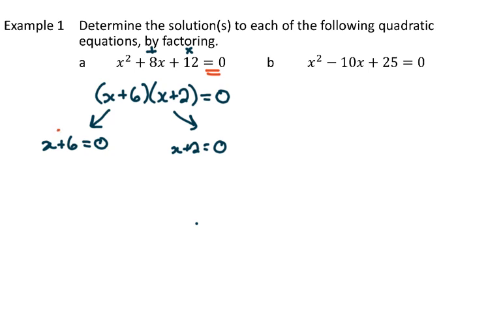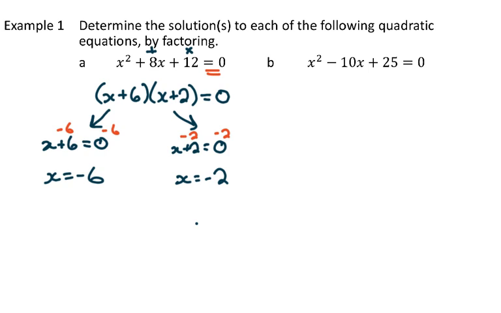We need to get x by itself, so minus 6 minus 6, and we get a solution of x equals negative 6. Same thing on the right, subtract 2, and we get a second answer of x equals negative 2. This is exactly the same as we would have got had we solved these equations by graphing. In graphing, we would have seen these as the x-intercepts, and by factoring, we just see them as solutions like this.